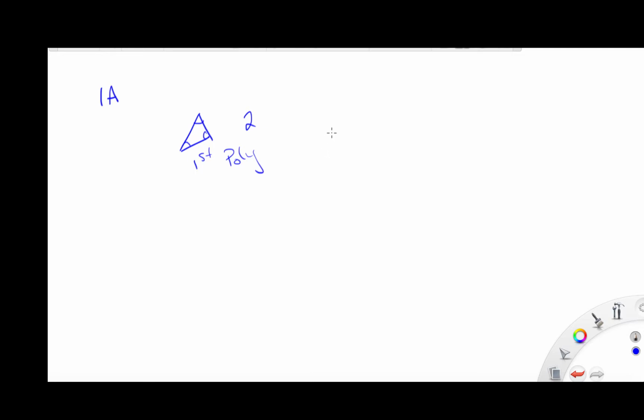And you'll notice that in order for it to be a polygon, the sides do not have to be the same length. So you would typically see a polygon, if we want to see it symmetrical, as a square where all the sides are exactly the same.